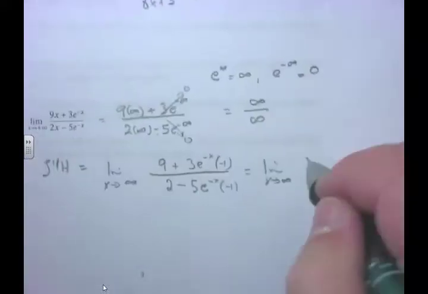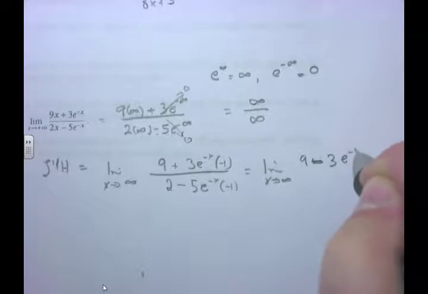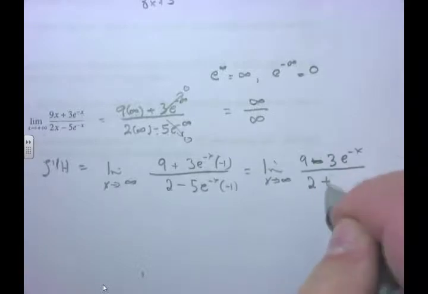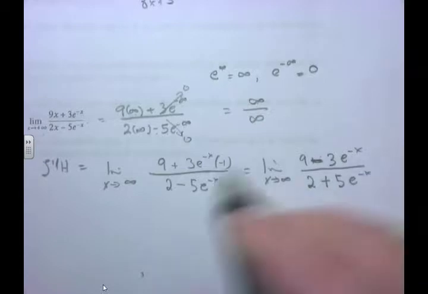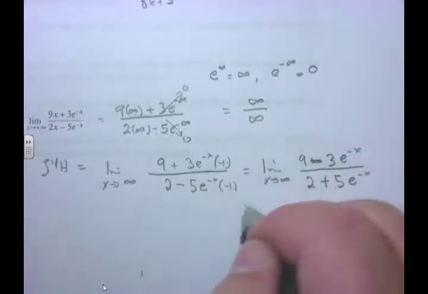L'Hopital's rule. This will be equal to 9 minus 3e to the negative x divided by 2 plus 5e to the negative x. 3 times the negative 1 is where the minus 3 comes from. Minus 5 times minus 1 is the plus 5. Now, plug in infinity.